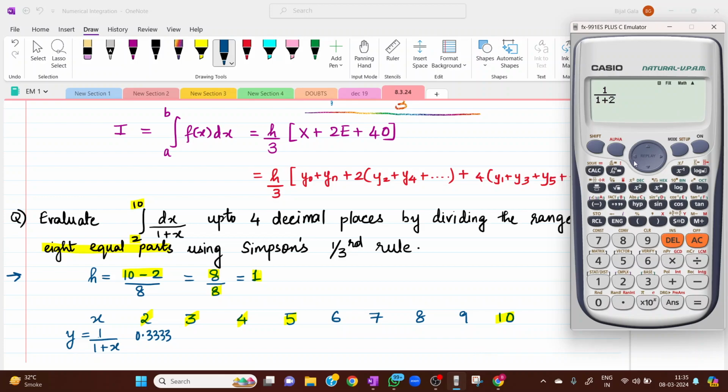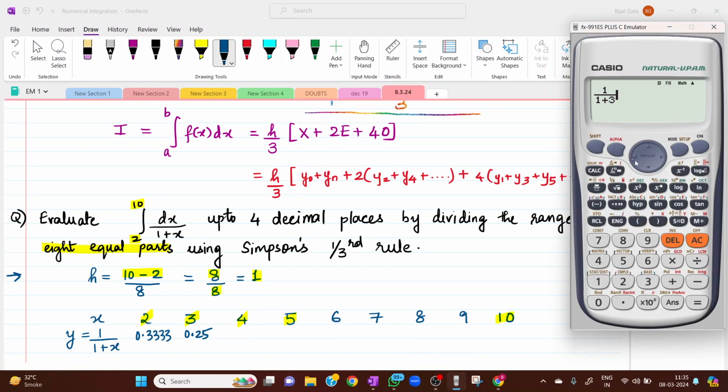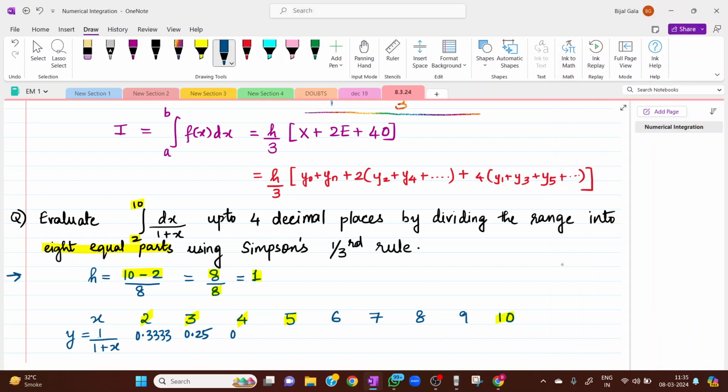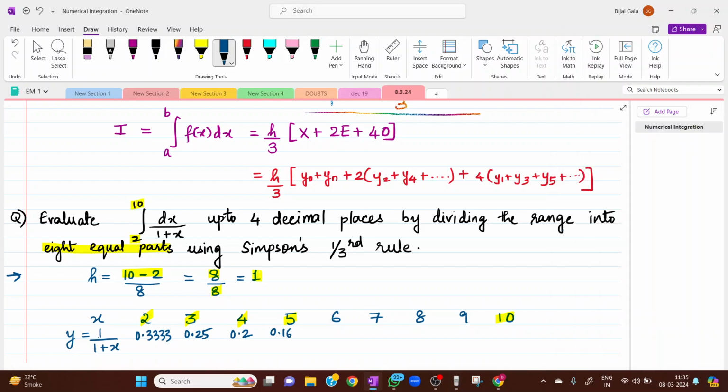For the second value, in the denominator replace 2 by 3. It's going to be 1 by 4, which is 0.25. For the next value, let's replace it by 4. So it's going to be 0.2. For the next value, replace by 5. It's going to be 1 by 6, which is 0.1666 or 0.1667.